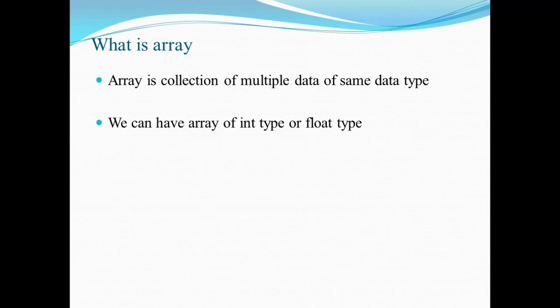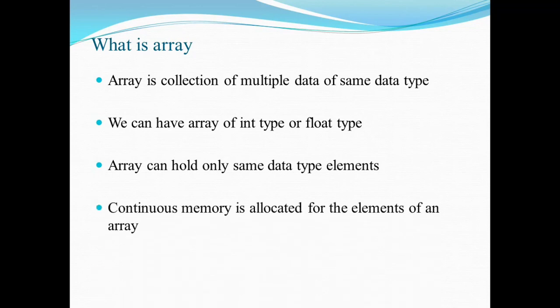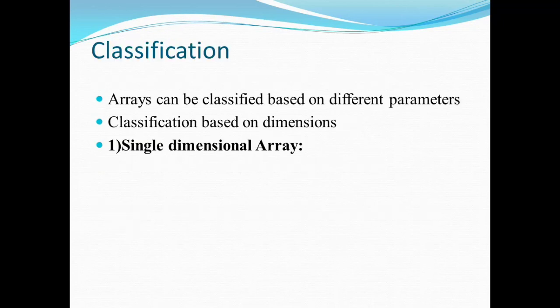So when you want to store the same data type of elements, that structure is basically termed as an array. So we can say that an array can hold only same data type elements. Whenever you initialize any array, then continuous memory locations are allocated for the elements of an array. We'll see this part in detail.